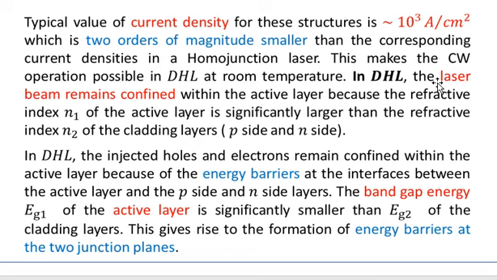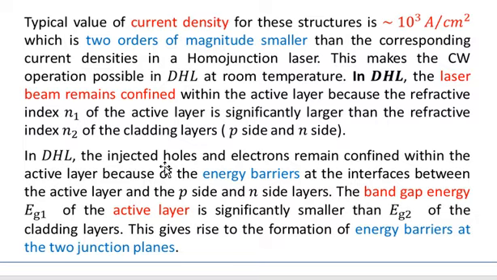In DHL, the laser beam remains confined within the active layer because the refractive index N1 of the active layer is significantly larger than the refractive index N2 of the cladding layer. So you see that the P side and N side are referred to as the cladding layer, having refractive index N2, whereas the active medium layer has a refractive index N1, where N1 is much greater than N2.